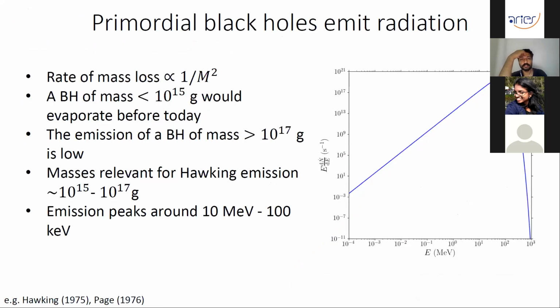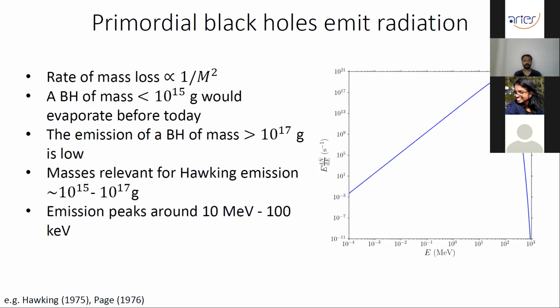But now let us come back to the first case, which is the evaporating primordial black holes. So the radiation that I am going to talk about is the Hawking radiation. I'll not go into the mechanism of it, but there are some important points to remember. Firstly, the total energy loss rate goes as 1 by M squared, where M is the mass of the black hole.